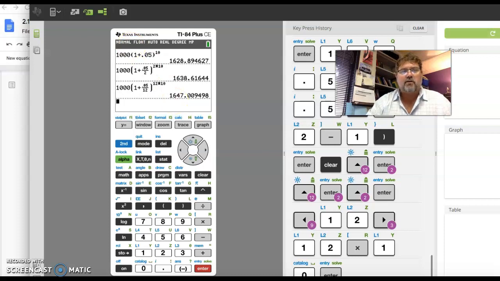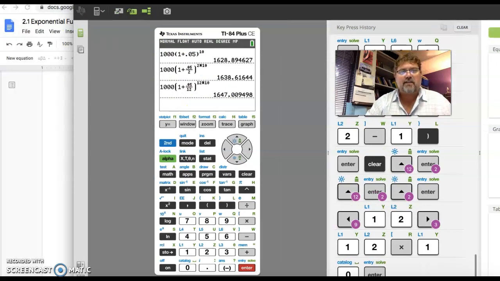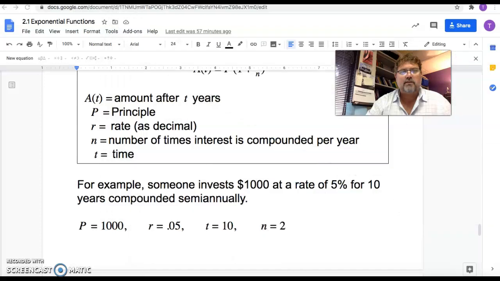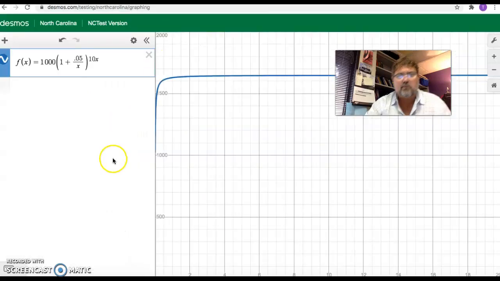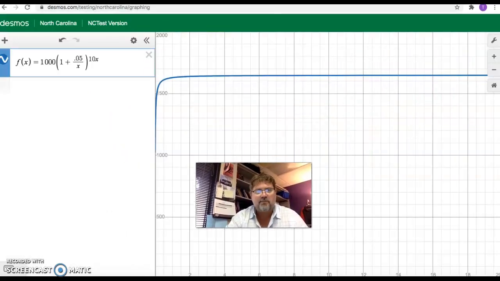All right, but I wanted to show you a graph of this that I've kind of toyed around with here in Desmos. And what this is, to be clear with you, all right, this is the same thing we just looked at. $1,000 invested. The rate is 5% for 10 years. Only this time I made my variable just because I wanted to show you something.